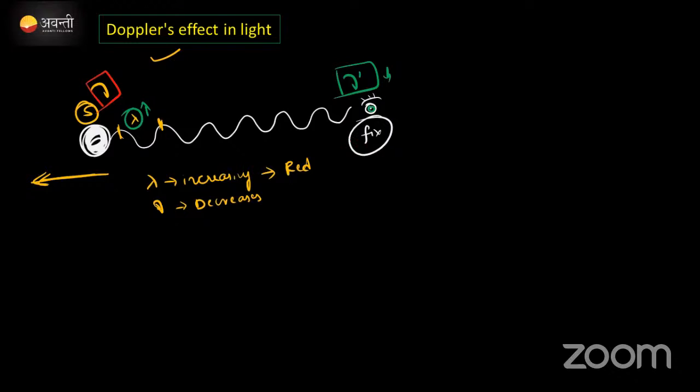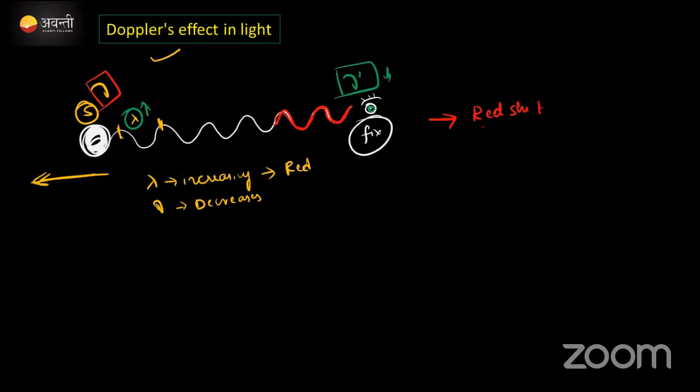Correct है ना what I'm saying? Frequency is changing. In this condition, the source is actually exhibiting white light only, but the person who is seeing this might see this white light as a red color, right? We call this a red shift.